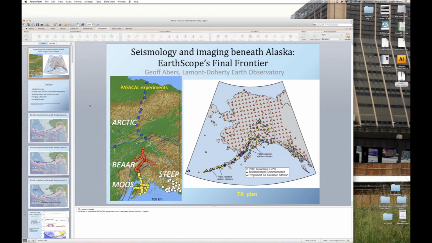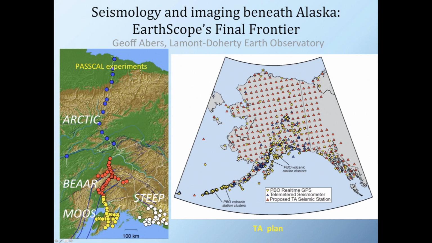Unfortunately I don't have a map of that, but there were a considerable number of GPS stations deployed over the last 10 years that look at plate boundary deformation in Alaska, available from UNAVCO. I would certainly encourage you, Matt, to take a look at that.